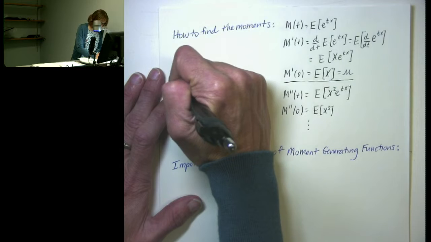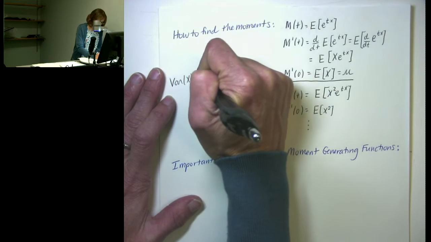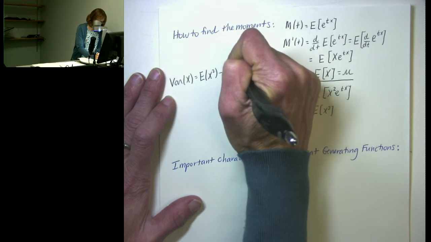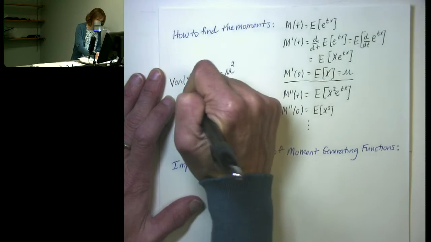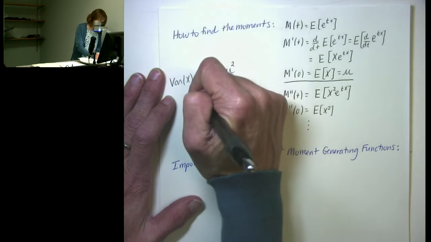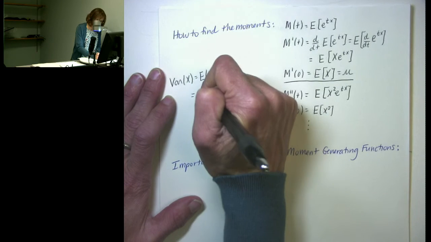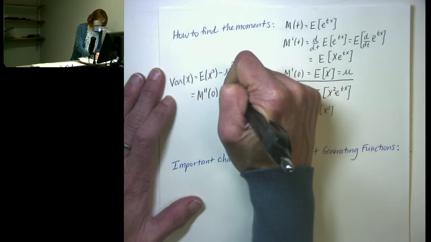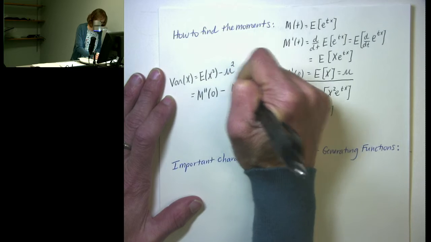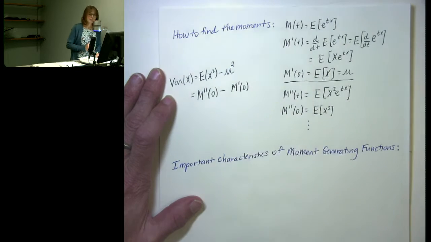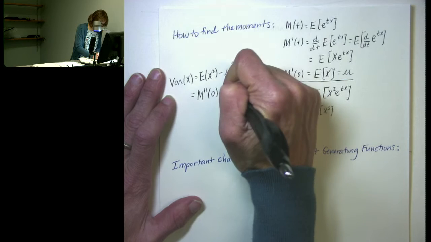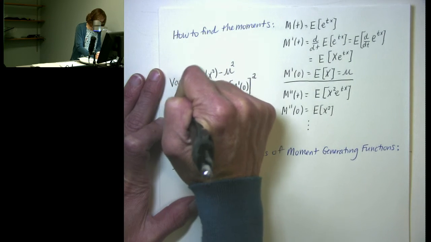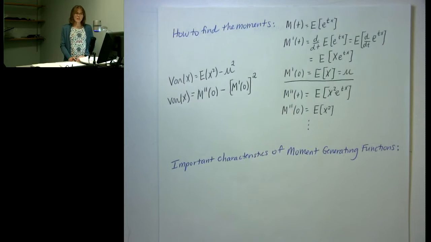Because the variance of x is equal to the expected value of x squared minus the mean of x squared, the expected value of x squared is the second derivative of that moment generating function evaluated at 0, and I can subtract off the mean, which is the first derivative of the moment generating function evaluated at 0, and then squared. So I can use the moment generating function to find the mean and the variance.